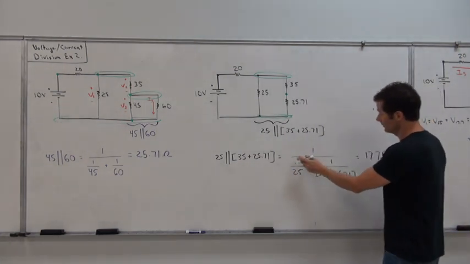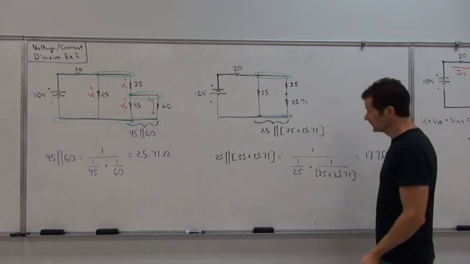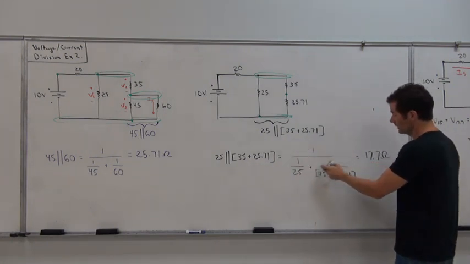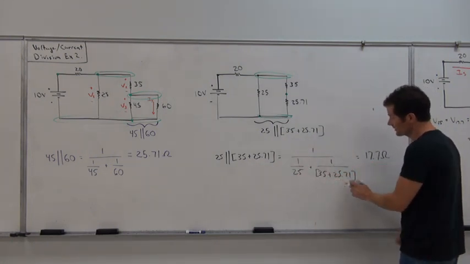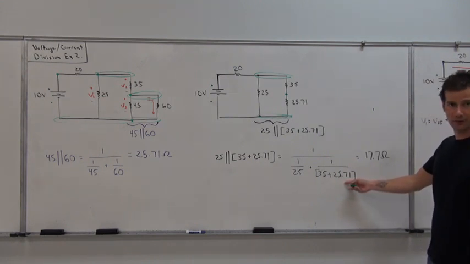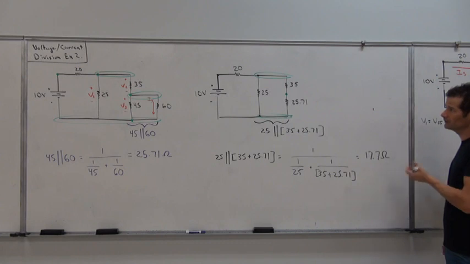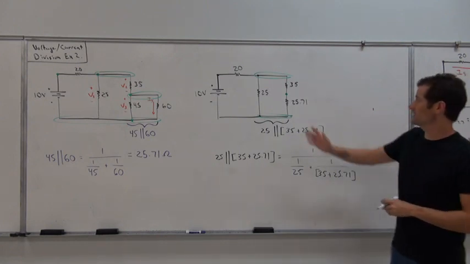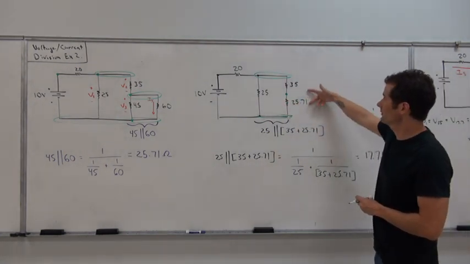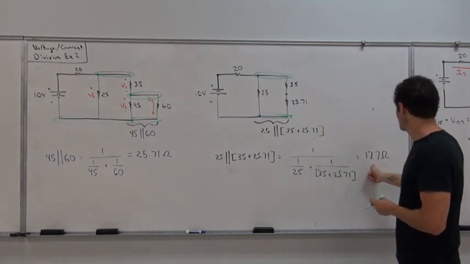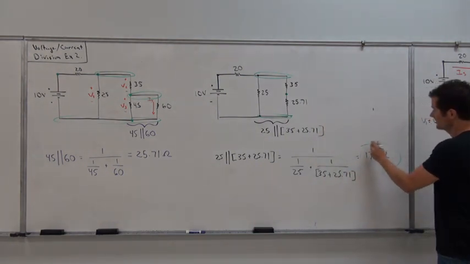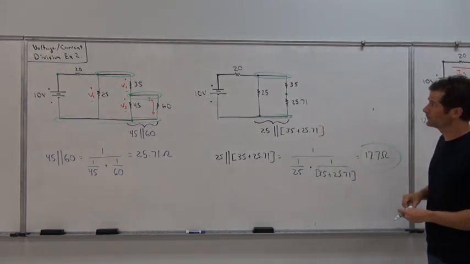And sure enough, 1 over the summation of the reciprocals, we get 1 over 25 plus 1 over 35 plus 25.71. And so that parallel relationship that we see with 25 ohms and these two elements in series now comes out to be equal to 17.71 ohms.